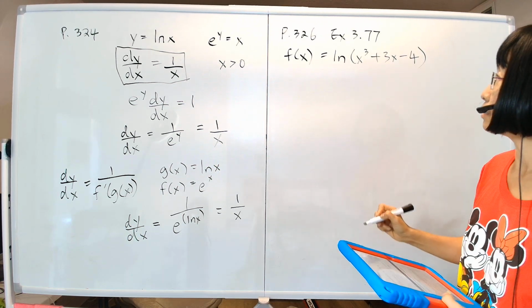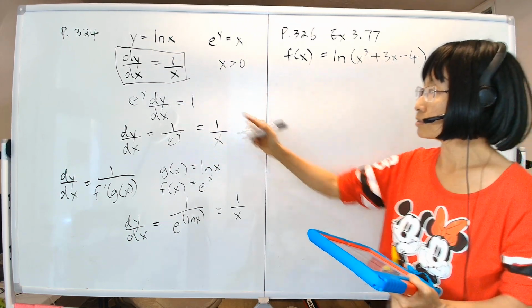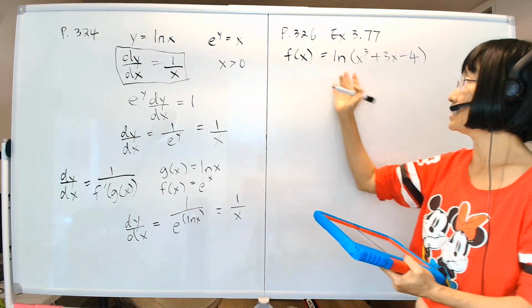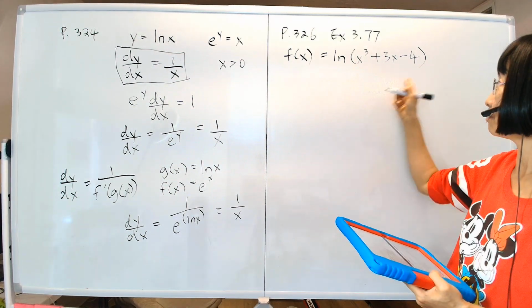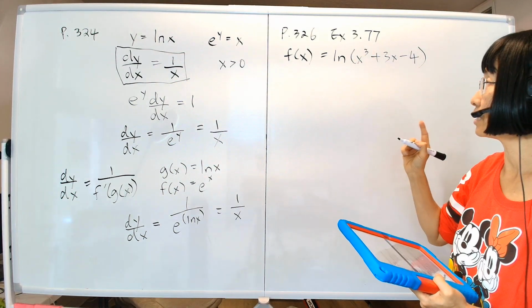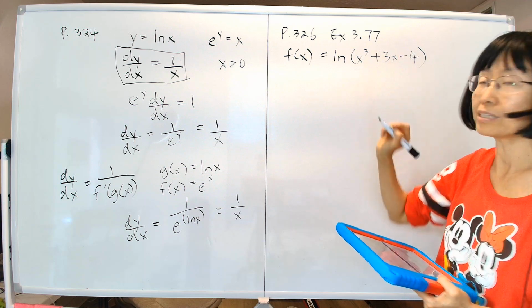All right, so what is the derivative? Well, we'll just apply this formula, then apply the chain rule, right? Because it's ln of more than just x, there's a pile of stuff in there, and whenever there's stuff inside, we use the chain rule.